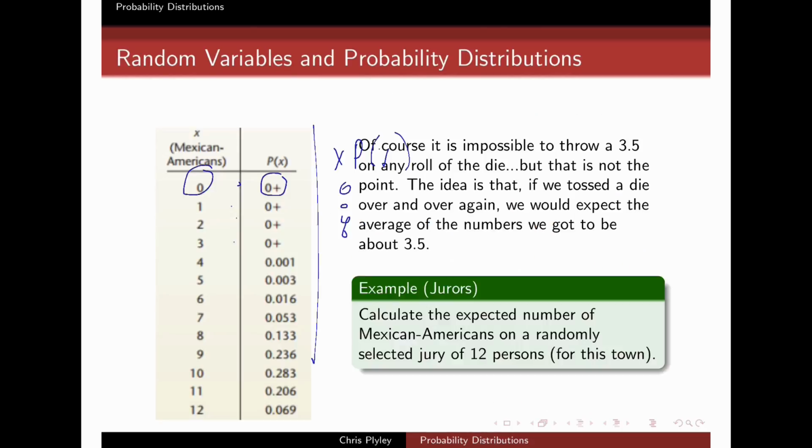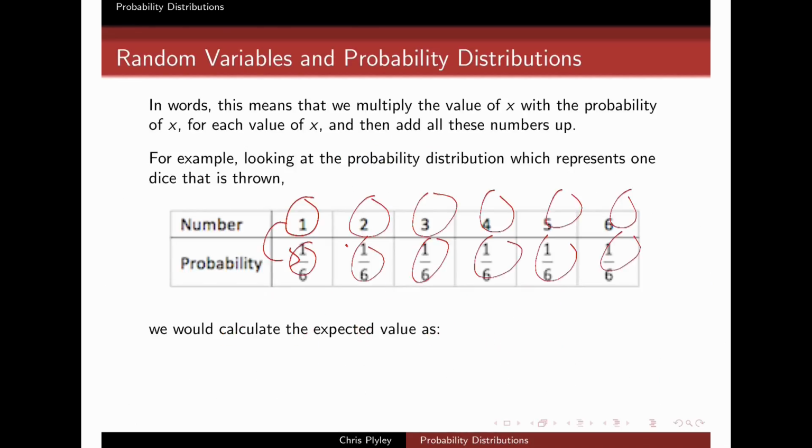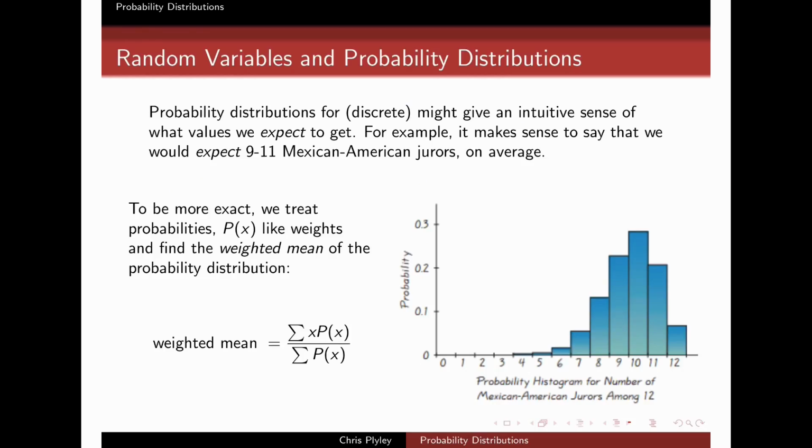That seems like a reasonable number of jurors to expect. And looking back at our probability distribution displayed as a graph, it definitely makes sense to think that 9.6 is the center of this set of data. It's the expected value. We said the center was around 9 or 10, and so 9.6 hits the nail right on the head.